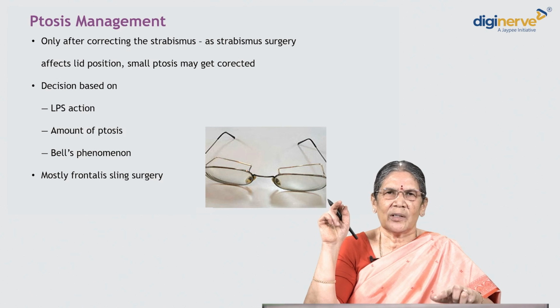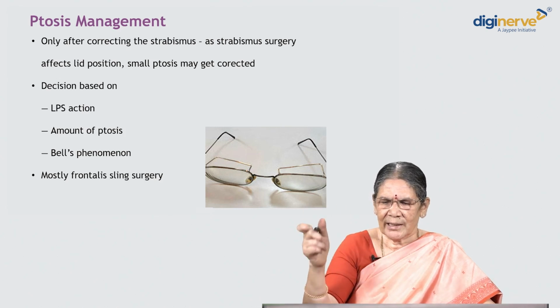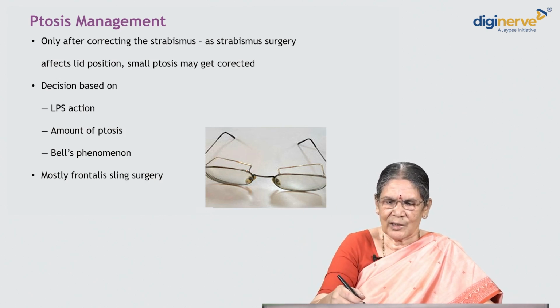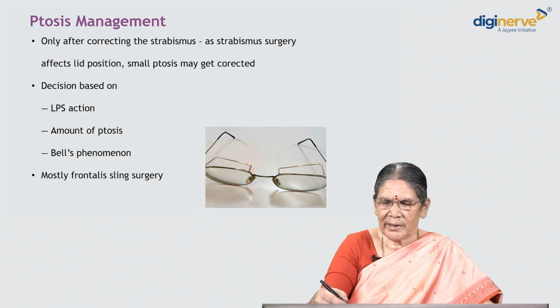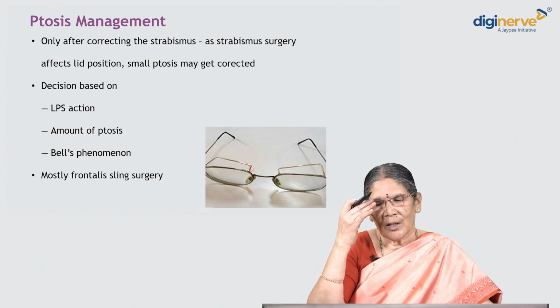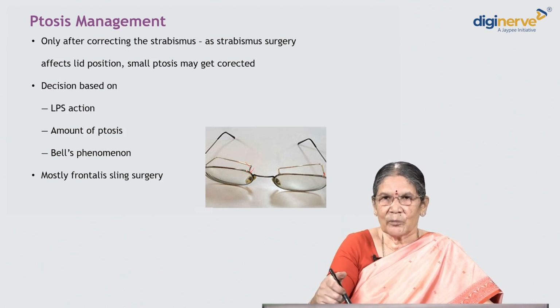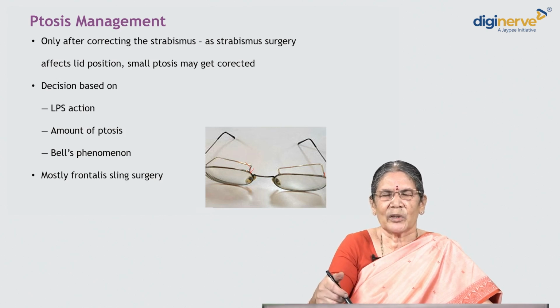If that is not practically possible, then we can think about giving spectacles with a crutch, what we call crutch glasses. You have a mechanical support so that it can lift the lids under the orbital margin. Initially they may have some problem wearing the mechanical pressure, but they will get used to it. There are many patients who like to wear this also.